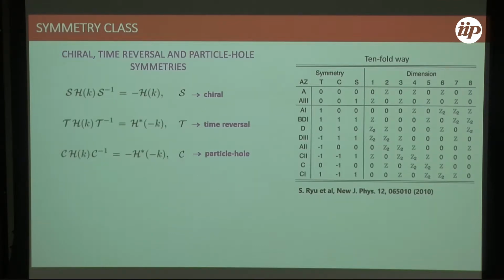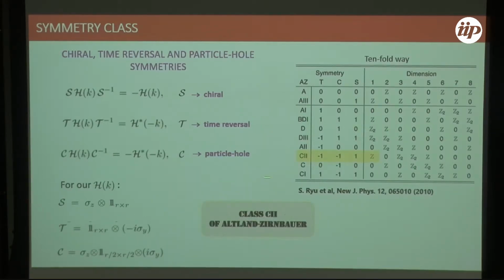In our case, we have all three symmetries, and for our Hamiltonian, the corresponding chiral, time reversal, and particle-hole matrices are like so. And this puts us in class CII of the Altland-Zirnbauer classification.